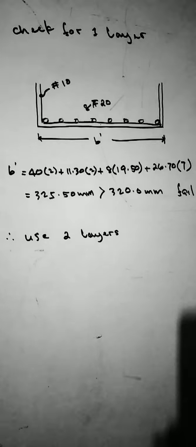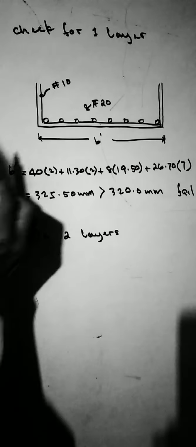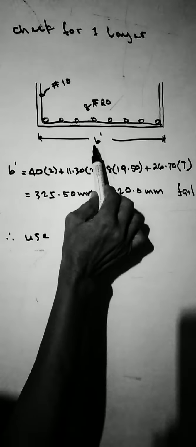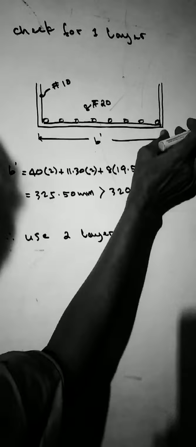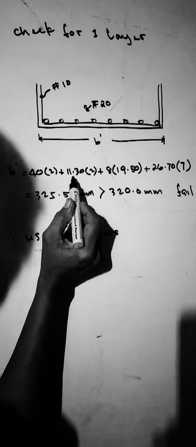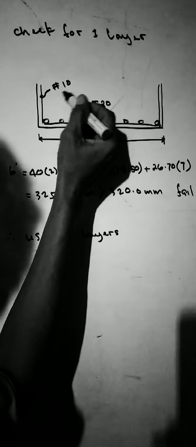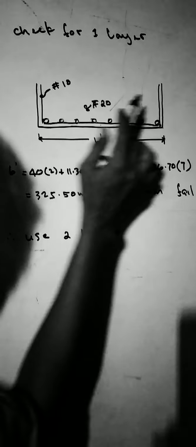Okay, let us check for one layer. If we are going to place the bottom bar in one layer, we will check what will happen. This is the section. Let us call it B prime: 40, the concrete covering, times 2 because of both sides, plus 11.30, the diameter of the number 10 bar, times 2 because of 2 legs.